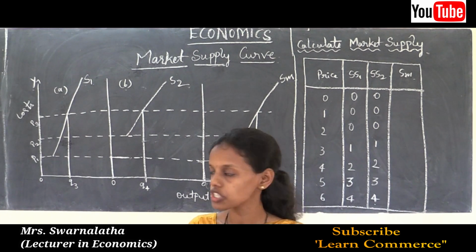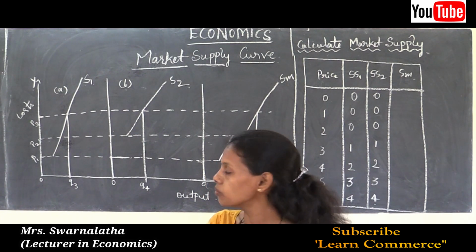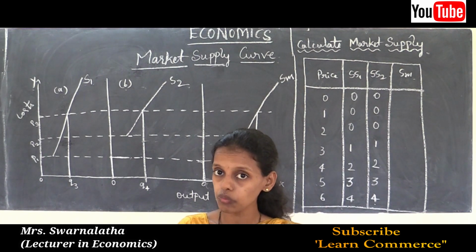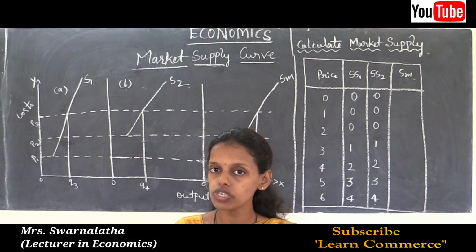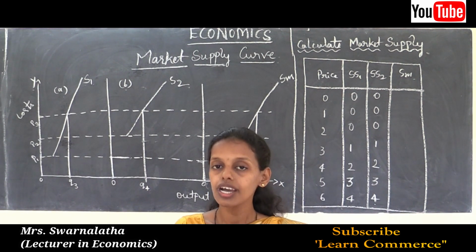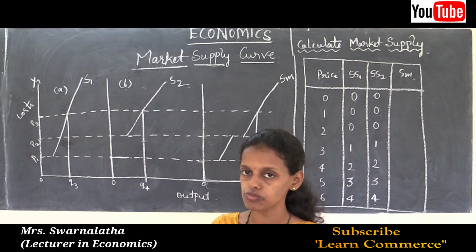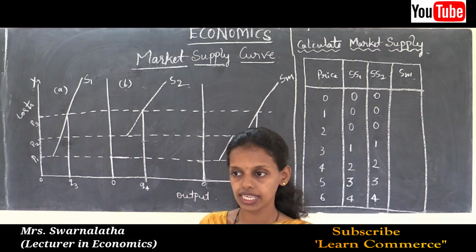The second main assumption is that firm 1 and firm 2 produce different quantities of products with different cost structures. The third main assumption is that there is a fixed number of firms: firm 1, firm 2, firm 3 and so on.